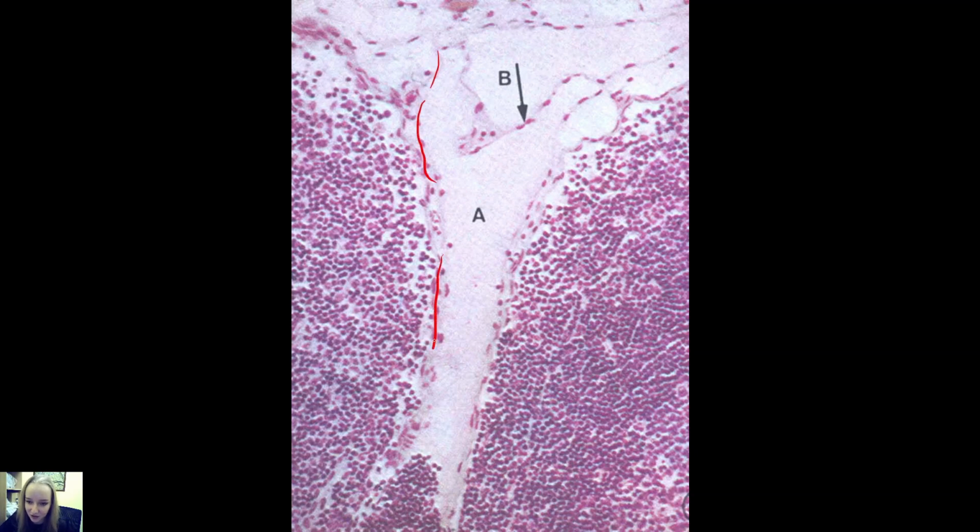And this, labeled with B, is a valve over here that can be found in lymphatic vessels, and they are more frequent, as I told you before. So normal endothelial cells line this afferent lymphatic vessel.